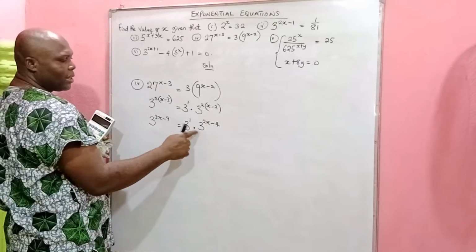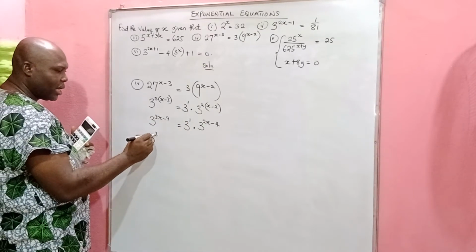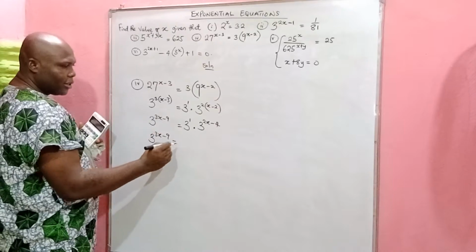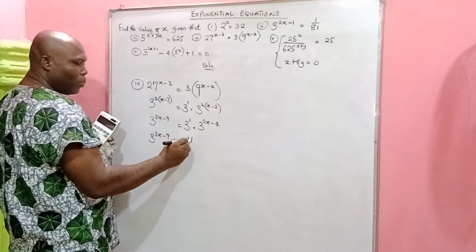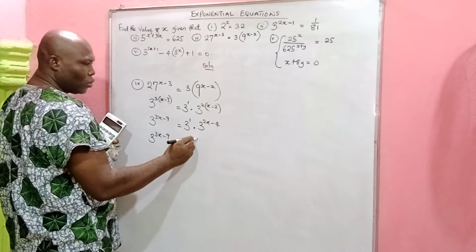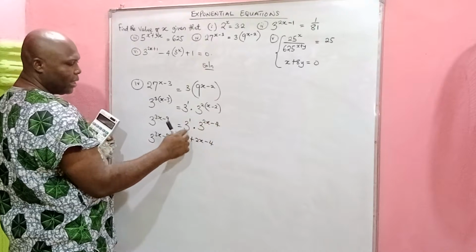So here, because the 3s are the same, we are going to add the powers. So we are going to have 3 raised to the power of 3x minus 9 is equals to 3 raised to the power of 1 plus, we add this other factor, 2x minus 4.